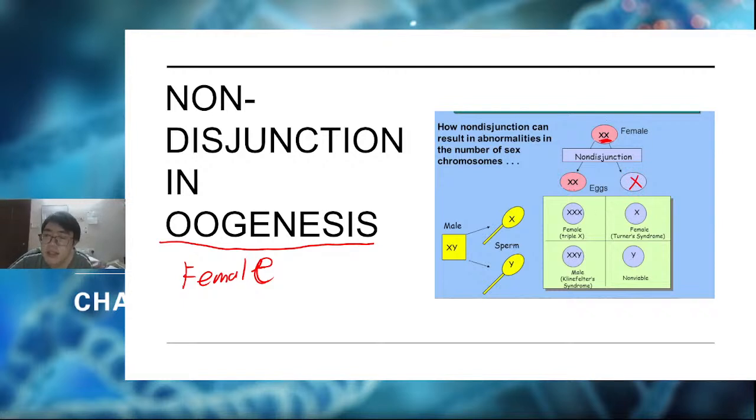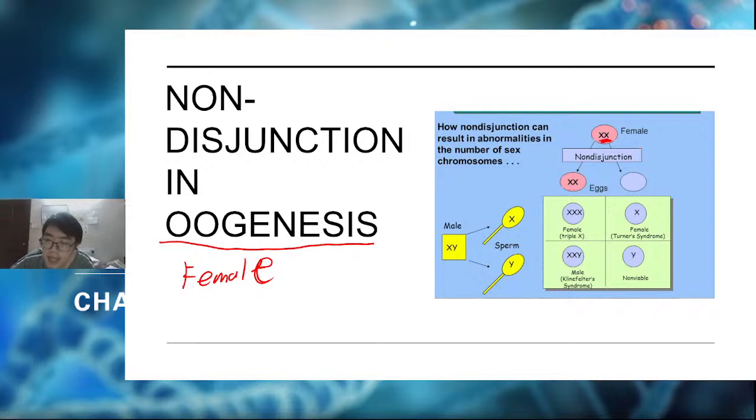But because of non-disjunction, no matter whether it is in meiosis 1 or meiosis 2, there are only 2 results. Either the egg gamete contains XX, or it contains no X at all.